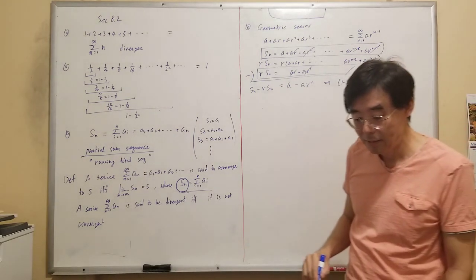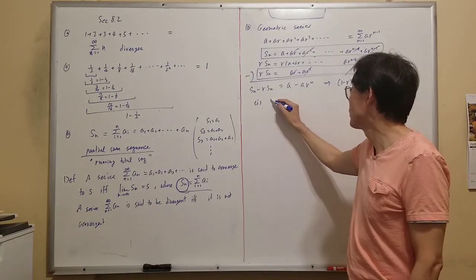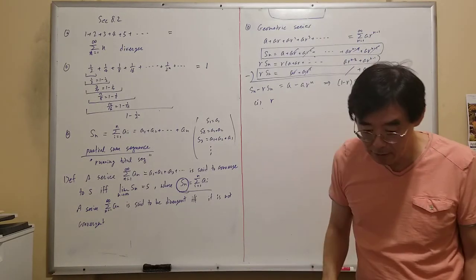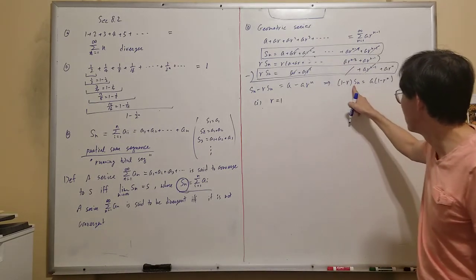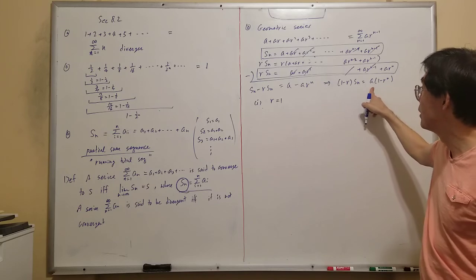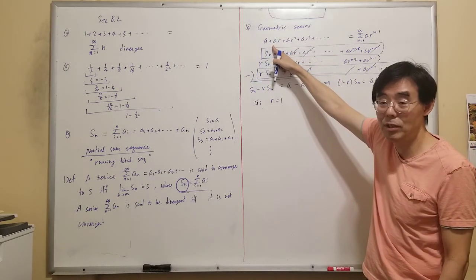Okay? So first case, if R is 1, we cannot solve for Sn. R is 1 is really uninteresting.